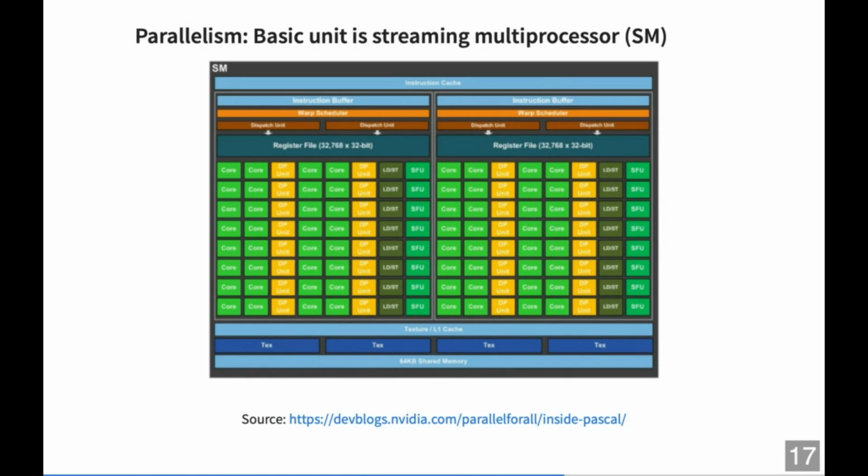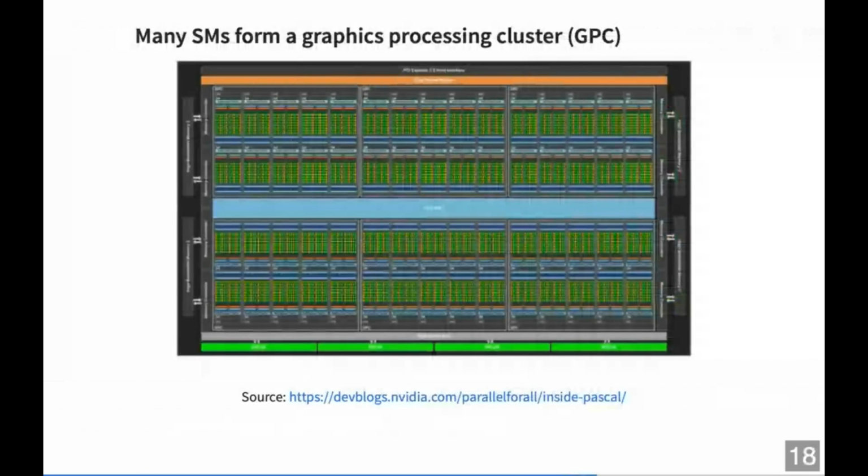So this is the basic unit, and these units are replicated to a large degree to give you a lot of parallelism. Many of these streaming multiprocessors, or SMs, are put together in the CUDA or NVIDIA jargon as a graphics processing cluster, I think, which looks schematically a bit like that.